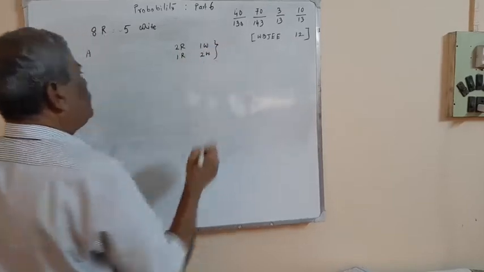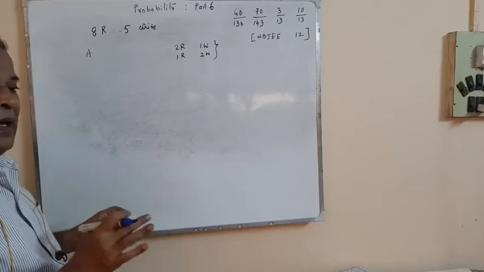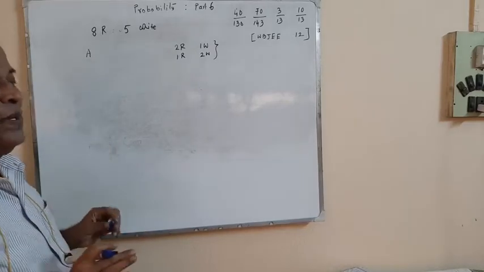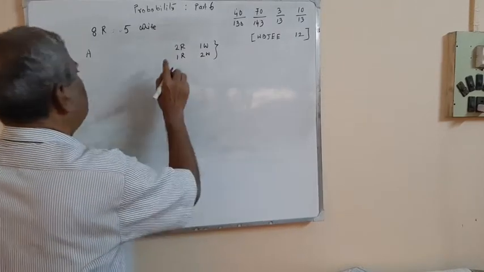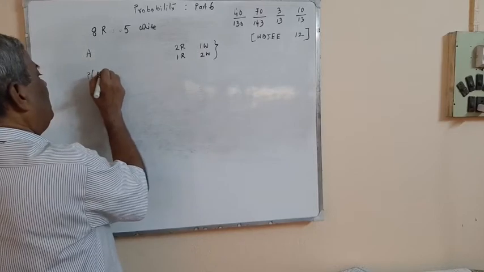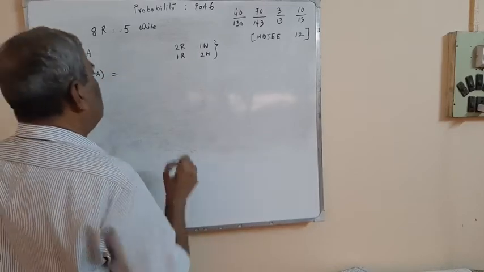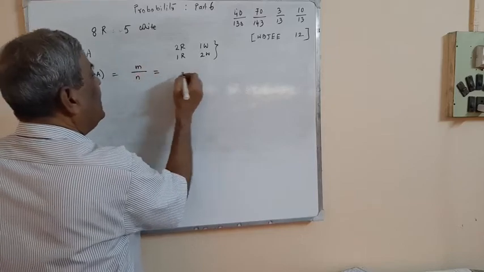These are the possible cases. In all other cases, both colors will not appear. The probability of A will be equal to m by n.